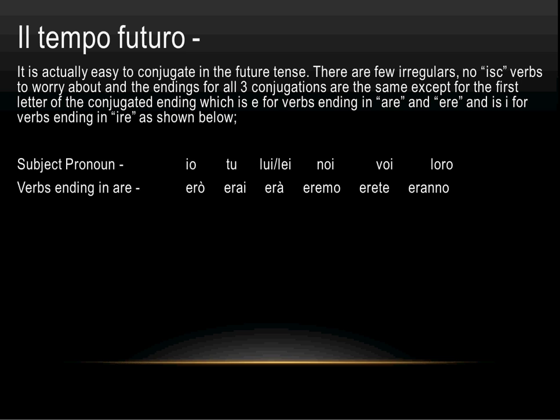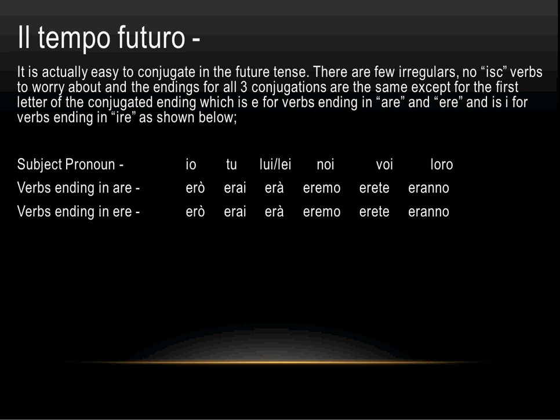For noi, it's eremo. For voi, it's erete, and for loro, it's eranno. Okay, once again, the verb endings for ARE verbs are erò, erai, erà, eremo, erete, eranno. So you drop the ARE and you add the appropriate ending.